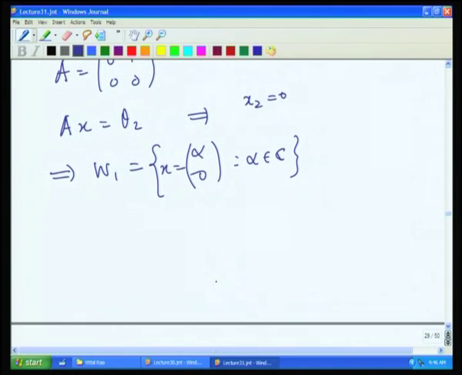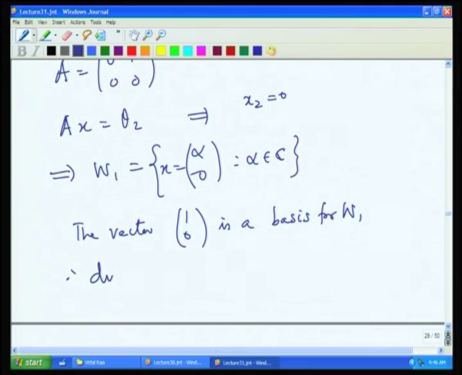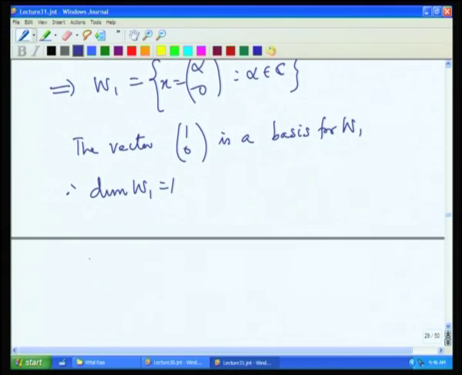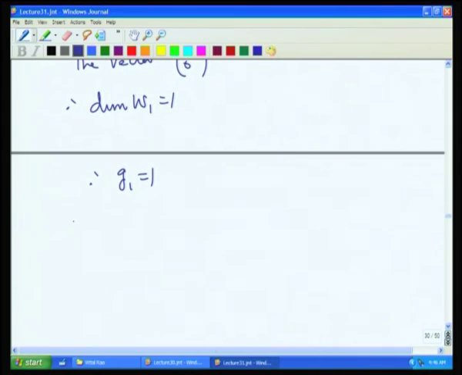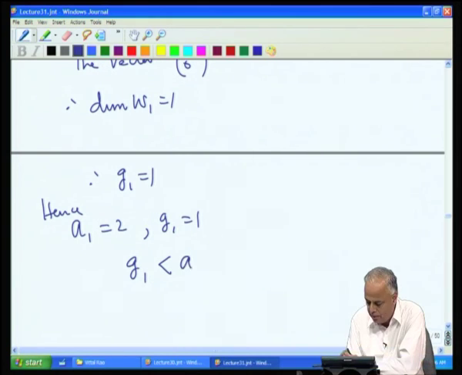The vector 1, 0 is a basis for W 1, and therefore the dimension of W 1 is 1, so G 1 is equal to 1. So, in this case, we have A 1 equal to 2, G 1 equal to 1, and G 1 is strictly less than A 1.